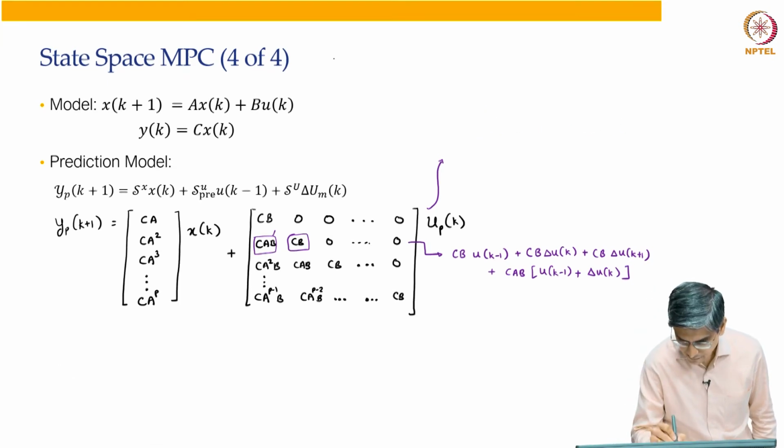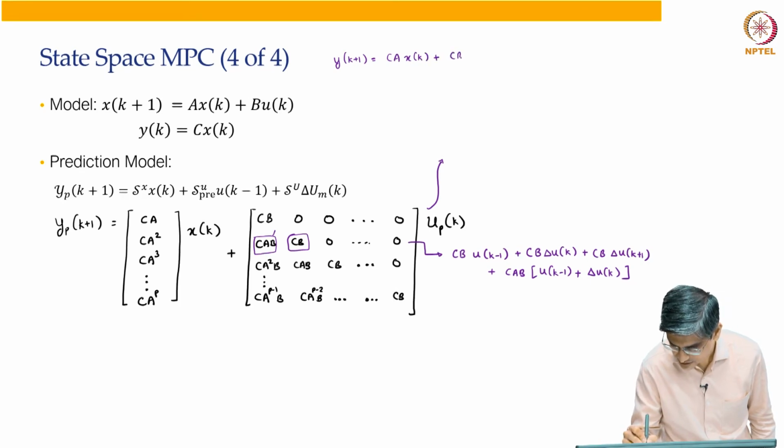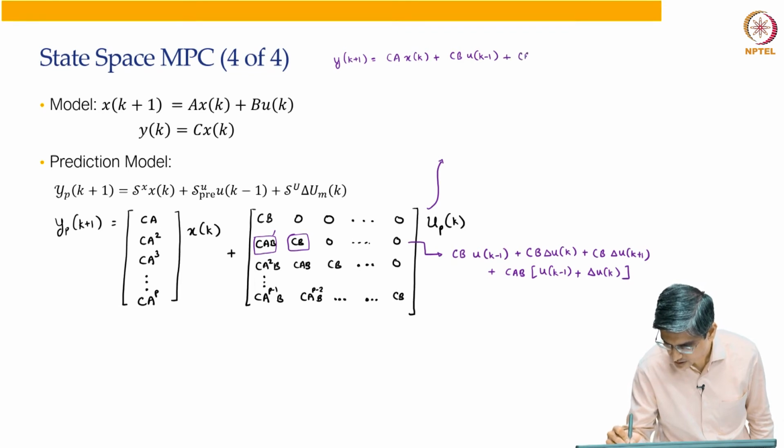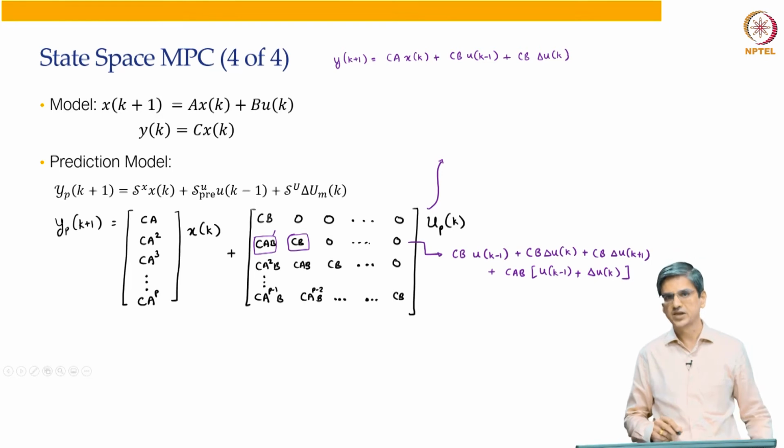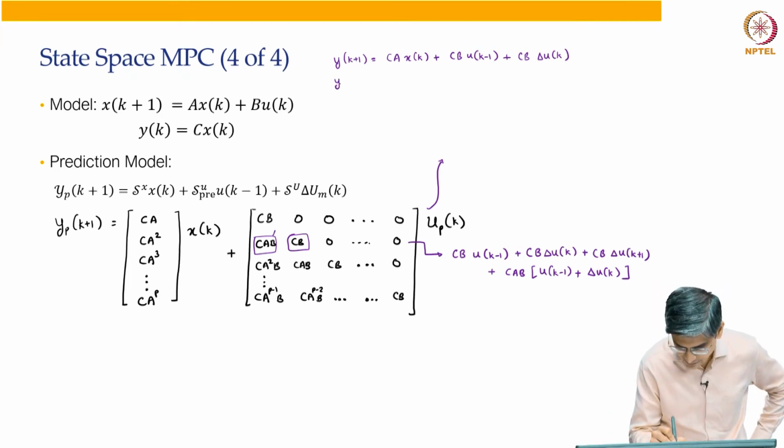In the top row we are going to get yk plus 1 is Ca times xk plus Cb times uk minus 1 plus Cb times delta uk. The second row is going to be yk plus 2, which is nothing but Ca squared multiplied by xk.